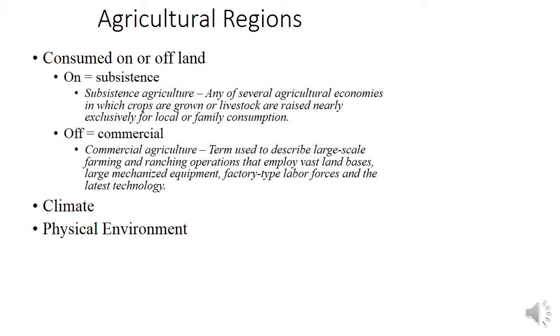Is that humid climate a tropical rainforest, or is it sort of lowland marshes or something like that? Is it a relatively high altitude area or a low altitude area? The physical environment is going to be a big factor along with climate in what you're going to grow and when you're going to grow it.